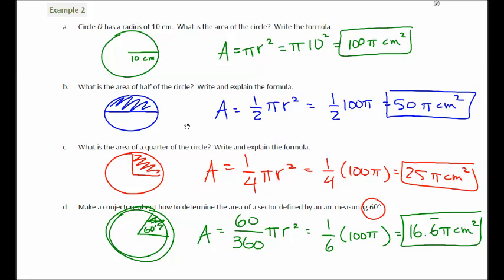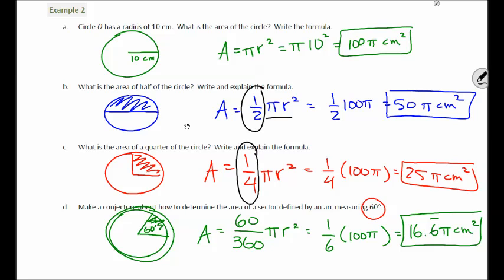All right, so what we'll get to is down in F. It says give a general formula for the area of a sector defined by an angle measure x degrees on a circle of radius r. Hopefully with this you can see that we are always multiplying some fraction times the area of a circle.